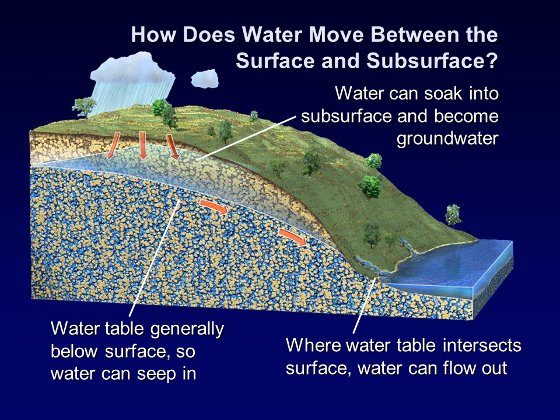And remember, the water table is just like the surface, except slightly more subdued. And so again, where the water table intersects with the surface and water flows out, you can get springs. It can flow into lakes or into rivers.